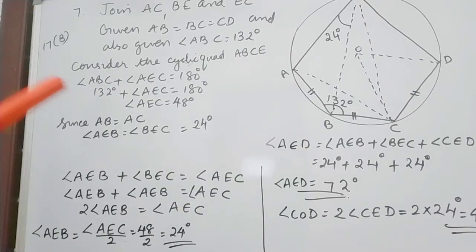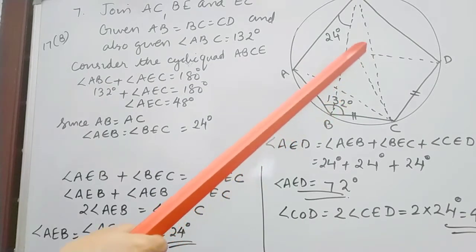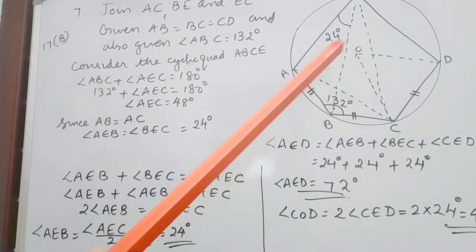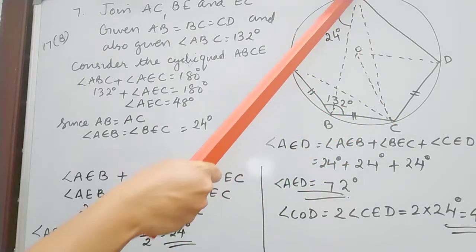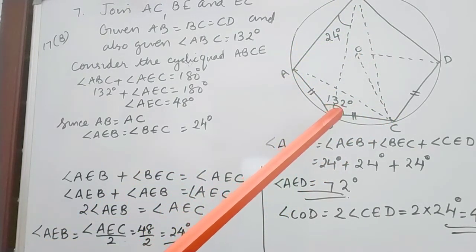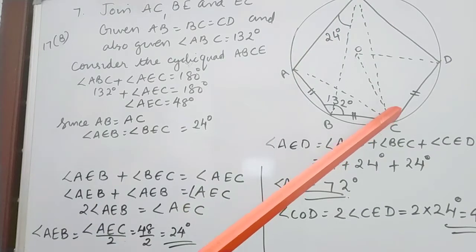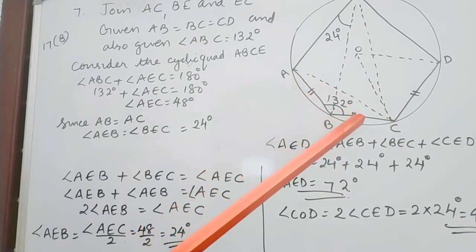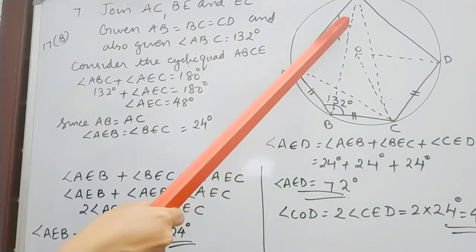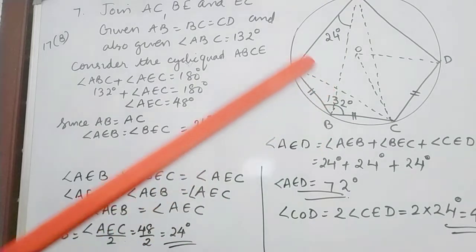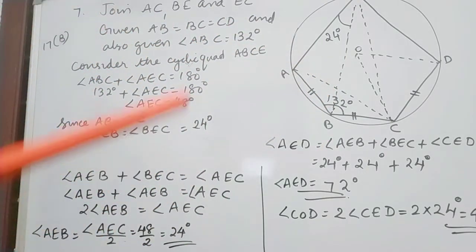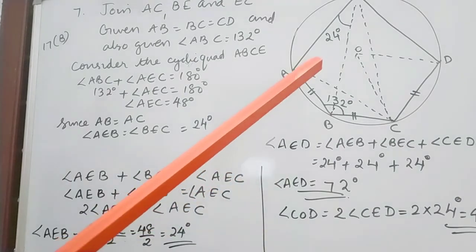Join AC, BE and EC. Given AB is equal to BC is equal to CD, that means the angles opposite to those particular sides will be equal, no?